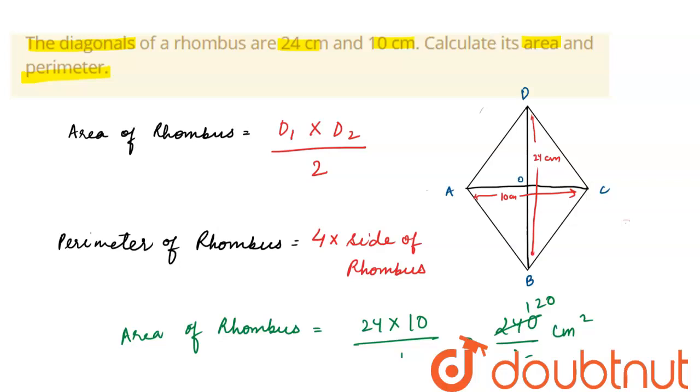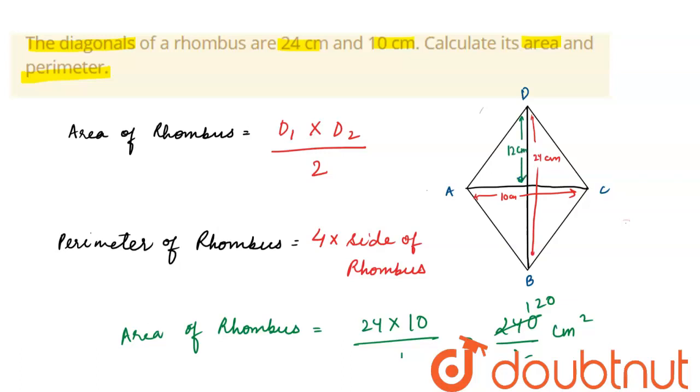So this whole BD is 24 centimeter. So OD will be half of 24 centimeter, because diagonals of a rhombus bisect each other, that I have already said. So this part will be 24 divided by 2, which is 12 centimeter.